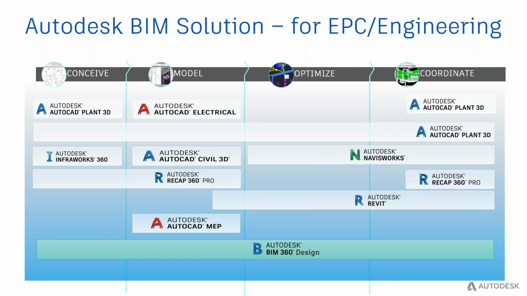InfraWorks is one of the conceptual tools which could preferably be utilized at the very initial stage, where your P&ID drafting and your understanding of the site or the feasibility of the site could be understood. So these processes could go ahead.